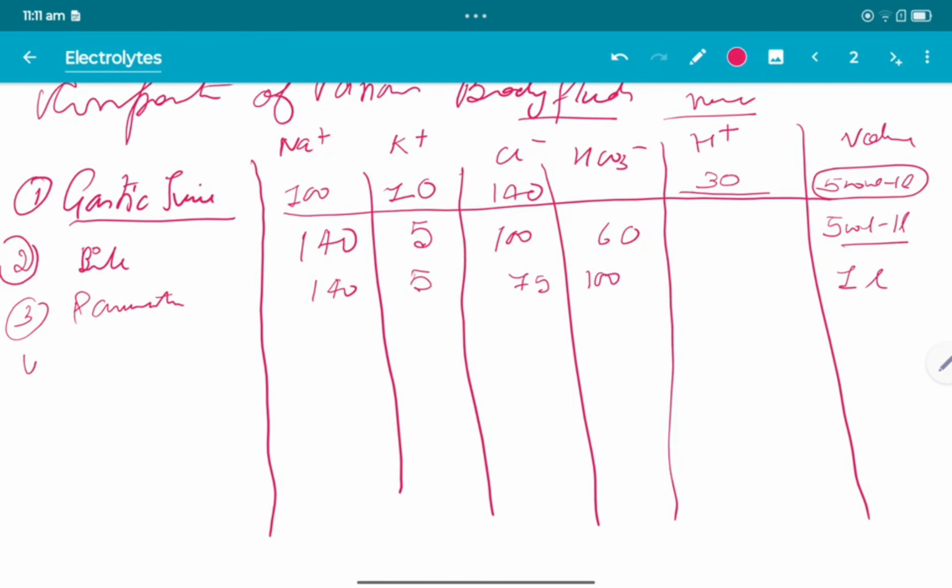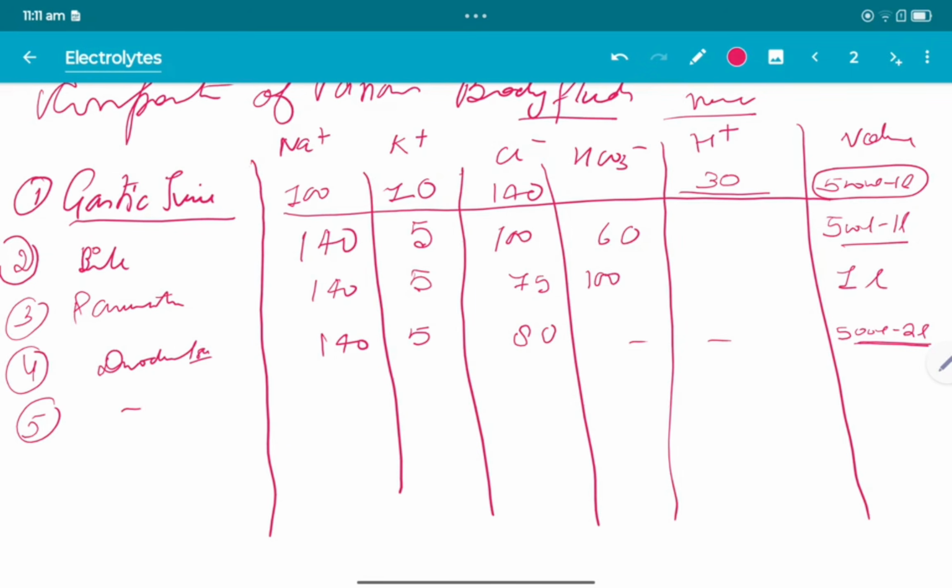Next you have the intestinal or duodenal secretions. It is also similar, 140 milliequivalent of sodium, 5 milliequivalent of potassium, approximately 80 milliequivalent of chloride, and the bicarbonate and hydrogen are absent as you all know. And approximate volume which is secreted per day is approximately 500 ml to 2 liters. So this is the secretion of the intestine.